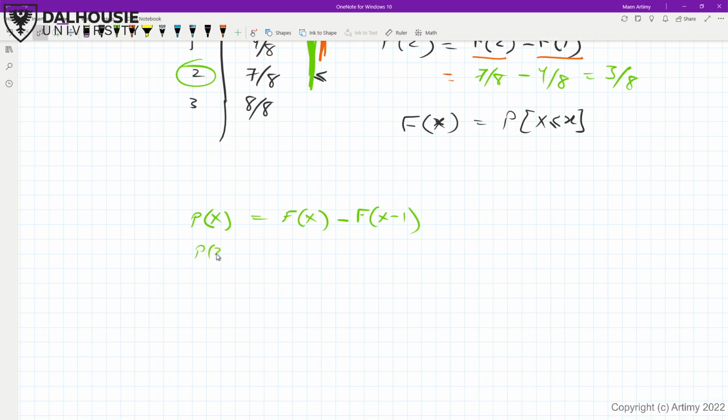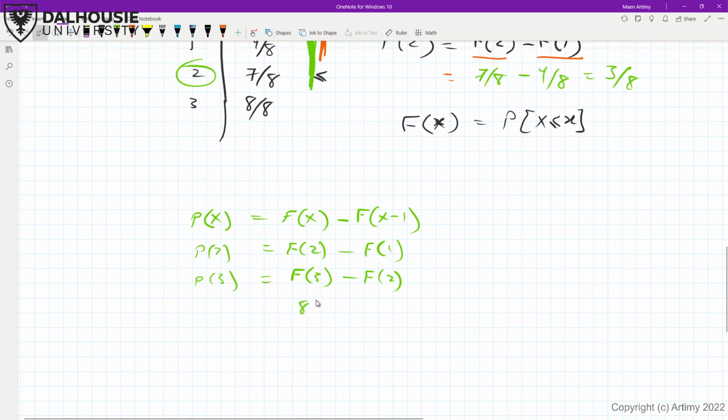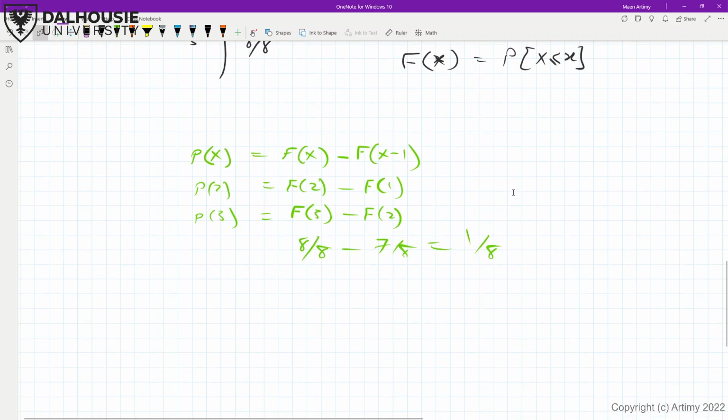So probability of 2 is f2 minus f1. Probability of 3, by the same idea, is f3 minus f2. And from the table, f3 is 8/8 minus f2 is 7/8. So this means that it's 1/8, right?